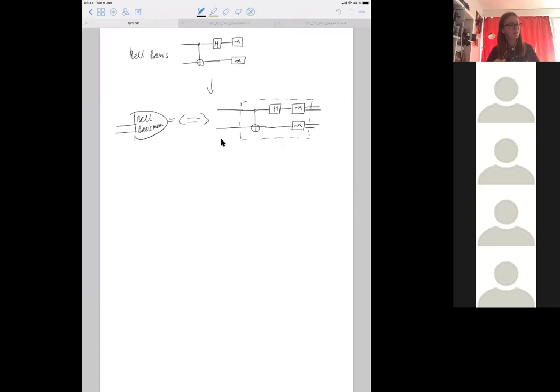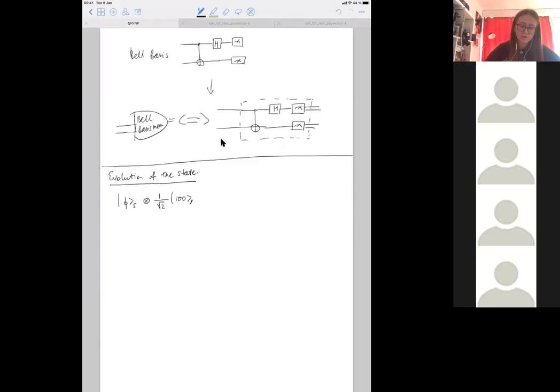Now let us come back to the evolution of the state. We start with system S in state phi, and then 2 systems A and B, which are entangled. Phi, we just write out in terms of the 0,1 basis.